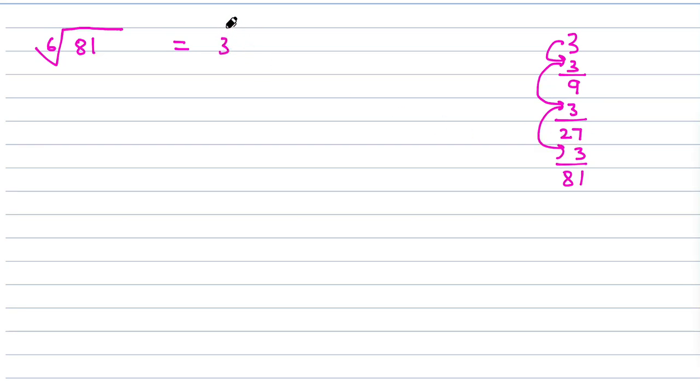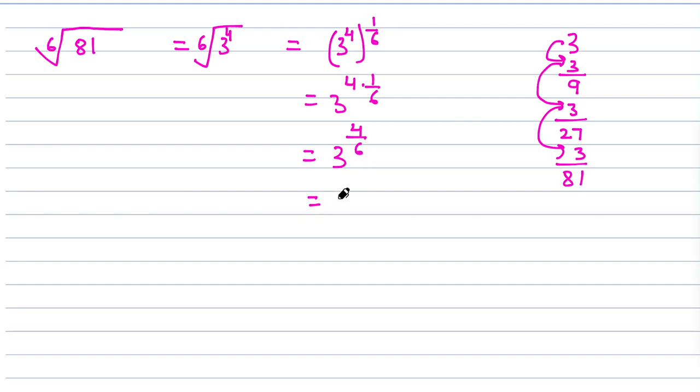So 3 to the power 4 and then the sixth root. If I do not get a prime number in between, I can also write it like this. So now this will be 3 to the power 4 and then the sixth root of it, right? So now it will be 3 to the power 4 times 1 by 6, or 3 to the power 4 by 6, or 3 to the power 2/3 if I convert it into the standard form.